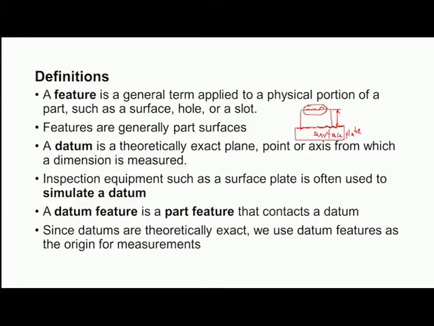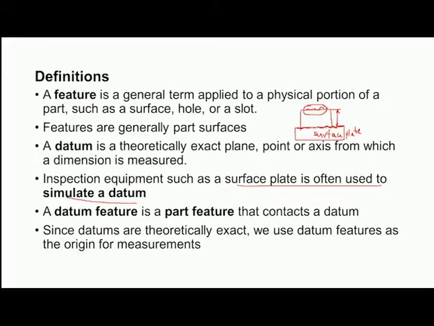Even though the variations are there on the top surface, we try to control the manufacturing errors on the surface plate and achieve a very flat surface. That means the surface plate is often used to simulate the datum. The top surface of the surface plate is used as a datum, and that surface is simulated as a datum.